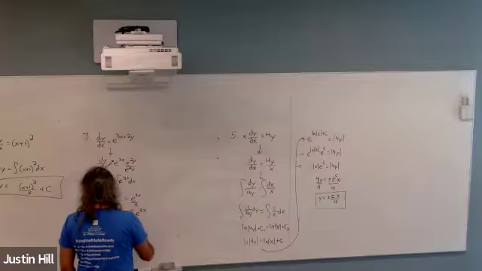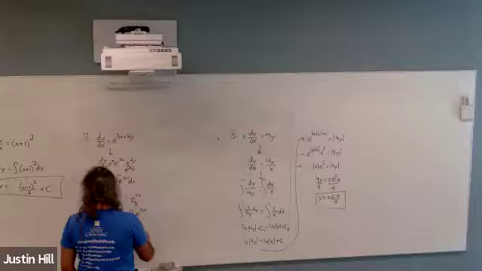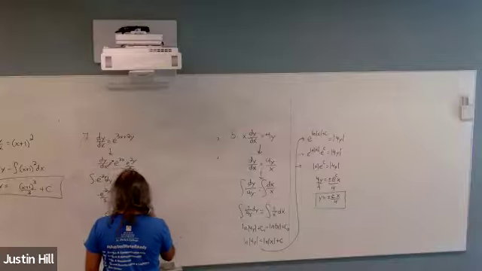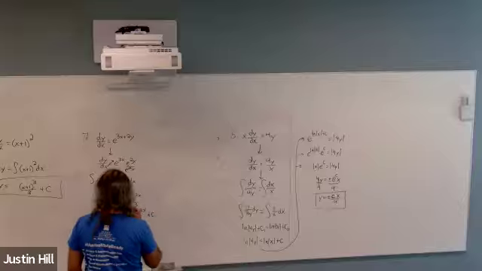Okay, yeah. Natural log of negative 2/3 e to the 3x. This was all plus c basically.